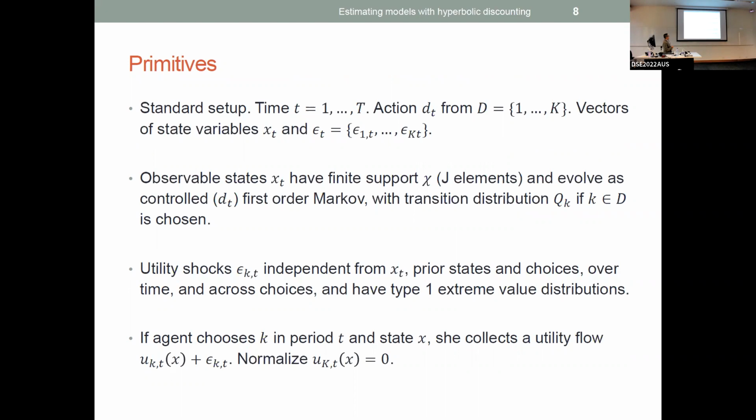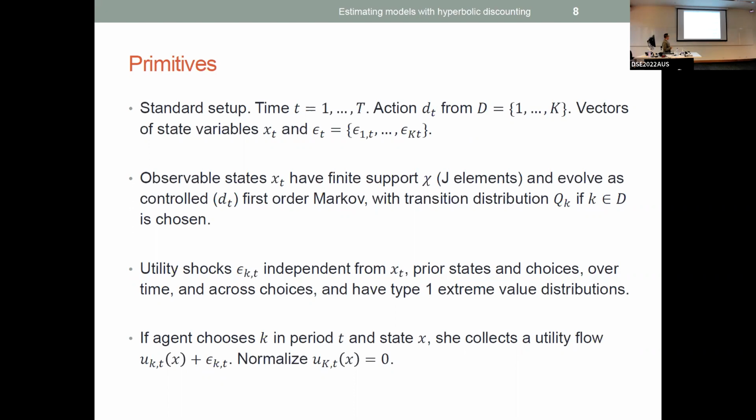We have action d_t from the choice set D, indexed from 1 to K. Vectors of state variables are x_t and errors epsilon_t, from epsilon_1 to epsilon_K. Observable states have finite support X, assumed to have J elements, and they evolve as a controlled first order Markov process with transition distribution Q_k, where the subscript k indicates that choice k is chosen. This is the standard setup.